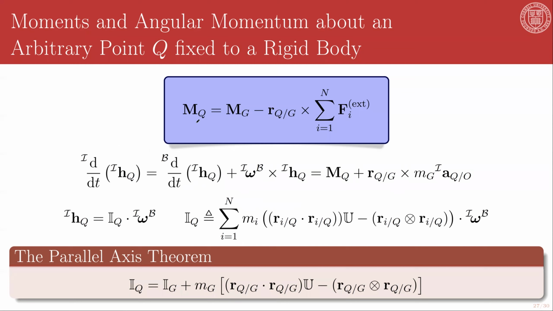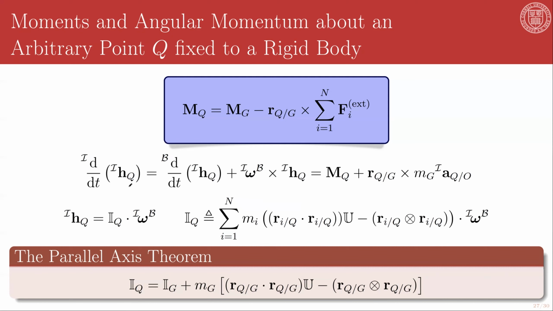So moment transport tells me that for an arbitrary point Q in the body, the moment about Q will be the moment about G minus the position of Q relative to G crossed with the sum of all of my external forces. I can apply Newton-Euler second law about point Q just as easily as I can apply it about point O or about point G, but I just need to do a little bit of a modification.